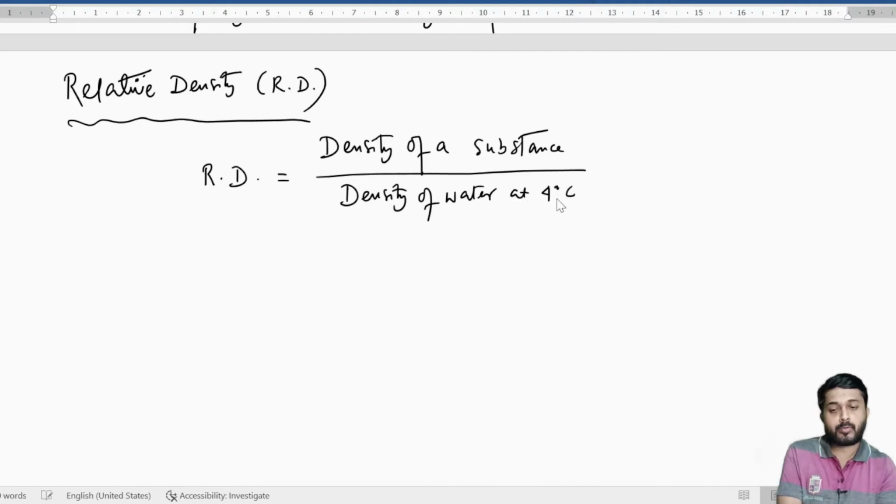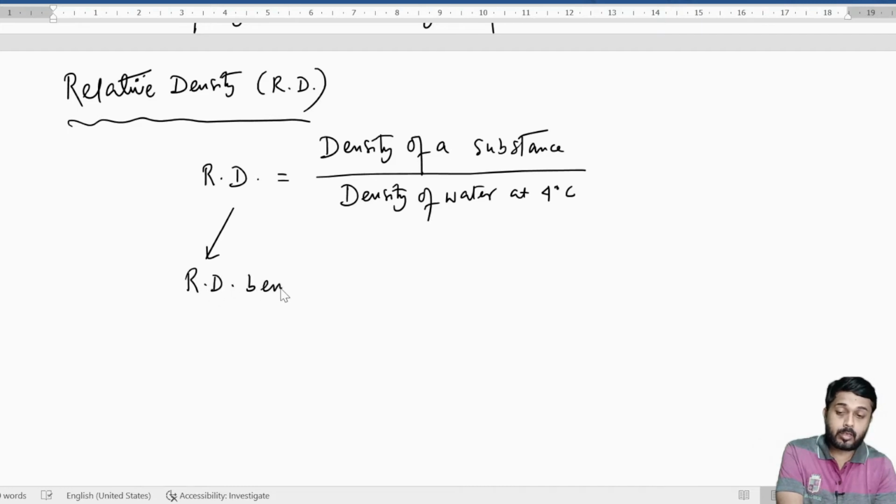This is necessarily a number, because this is a ratio of two densities. Numerator is density and denominator is density, so the units cancel each other, so relative density is necessarily a pure number.